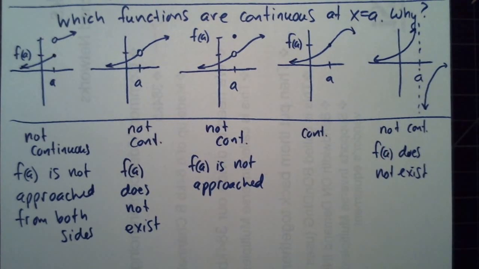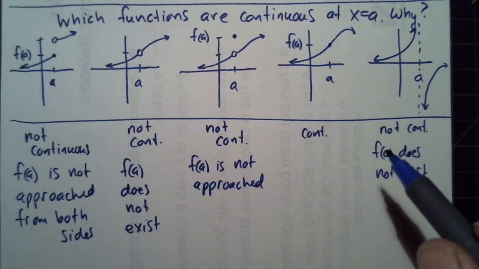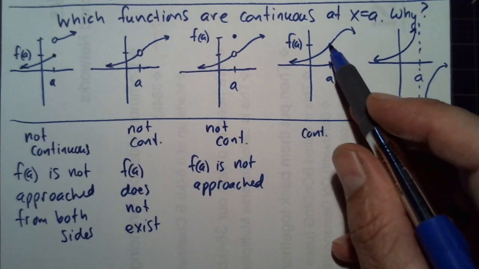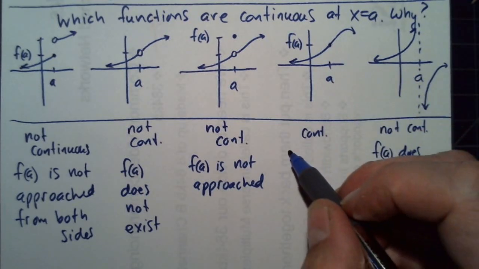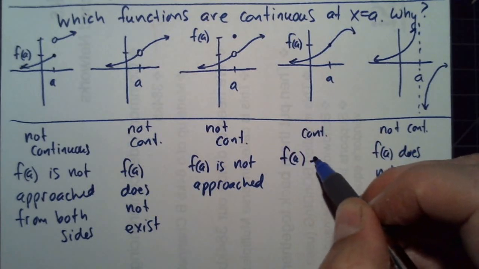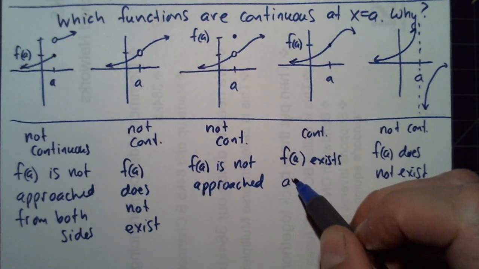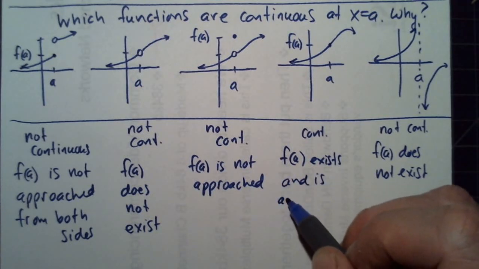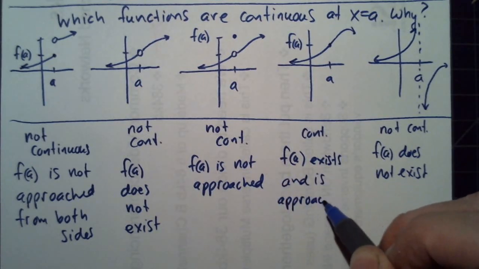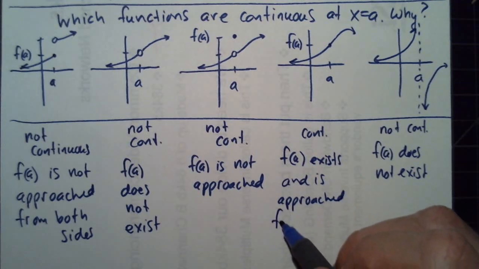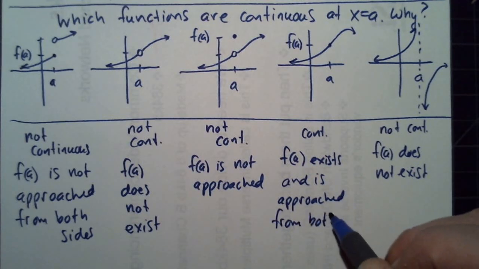So those are two causes for a discontinuity. When we have continuity, we could say that f of a exists and is approached from both sides.